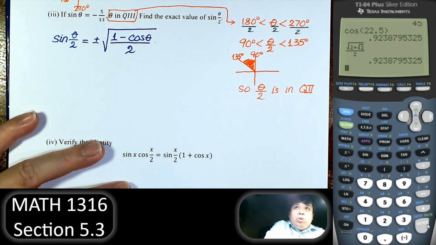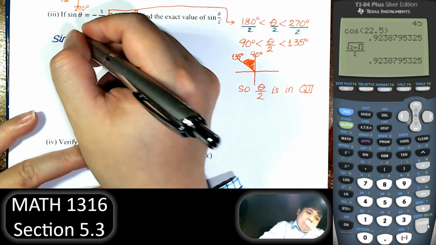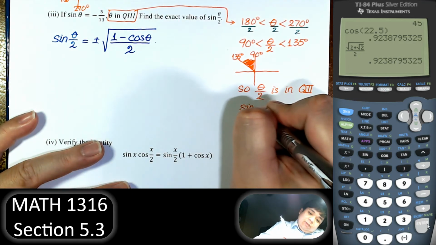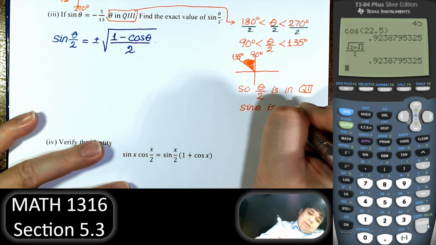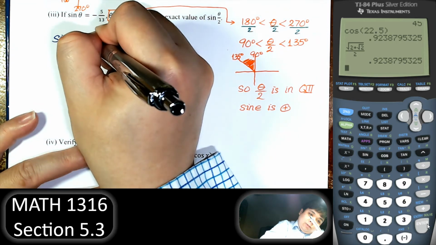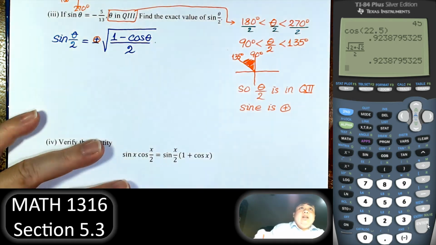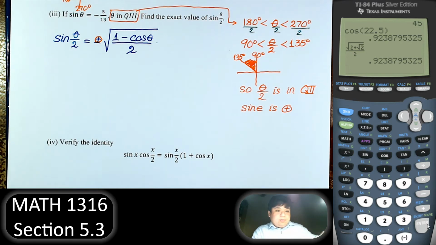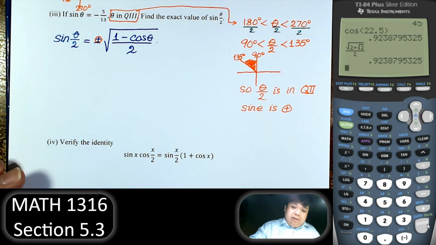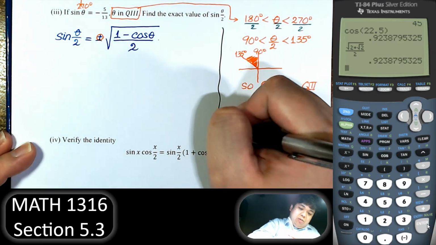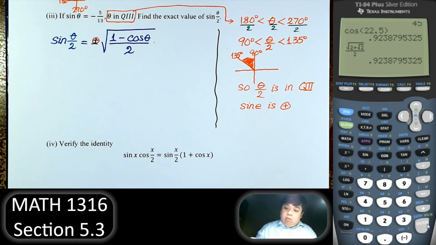So in quadrant 2, sine is positive. Right, so that's how we get it's going to be positive, while cosine is going to be negative. Right, so the rest is simple, right?